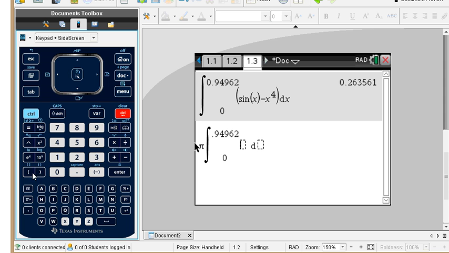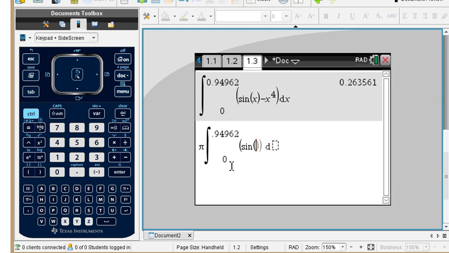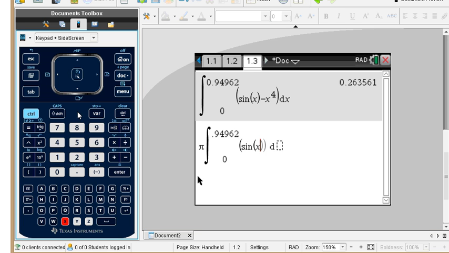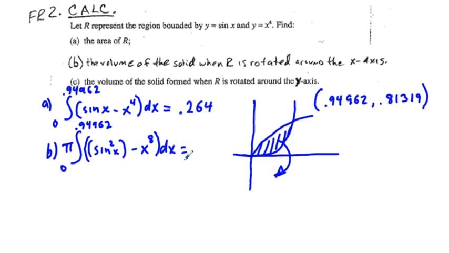We have sine x, and we're going to square that, minus x to the power of 8, dx. Press enter, we get to 3 decimal places 0.529. Okay, so we go here, 0.529.